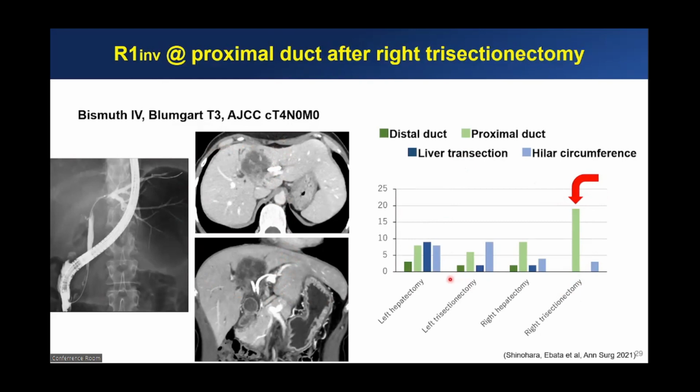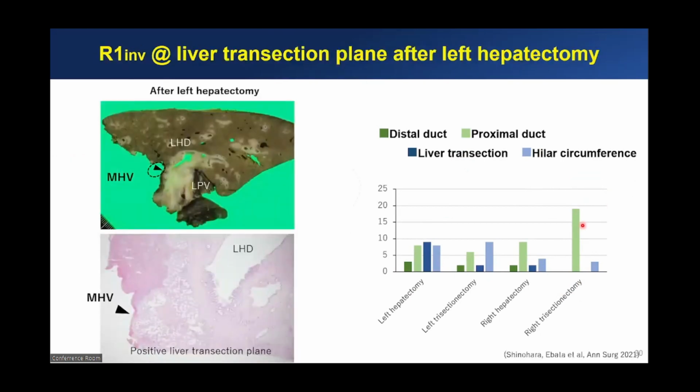So our strategy for right trisectionectomy leads to the high incidence of this 20% positive margin on proximal bile duct. And the liver transection plane after hepatectomy is shown here, because the conventional liver transection plane preserves the middle hepatic vein like this. The point is very near like this. So the left hepatectomy has a higher incidence of positive liver transection plane.